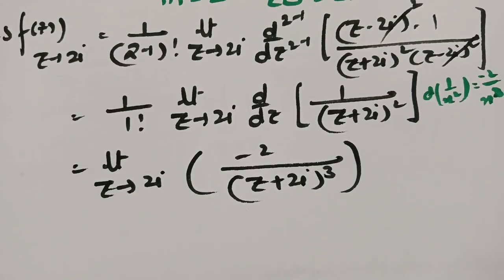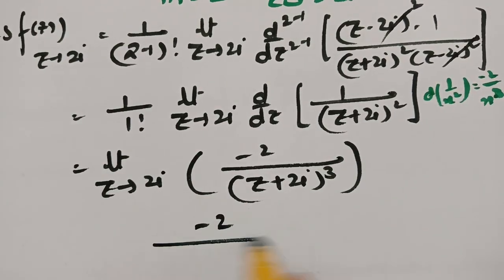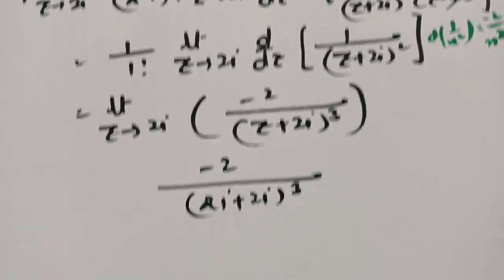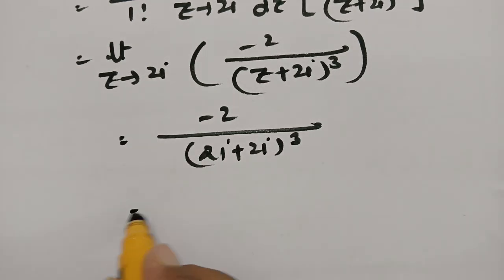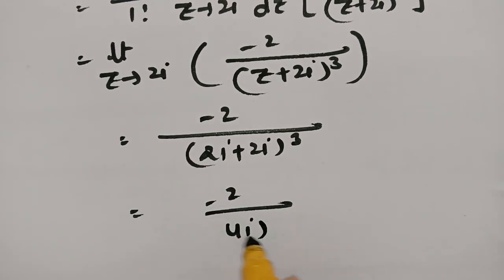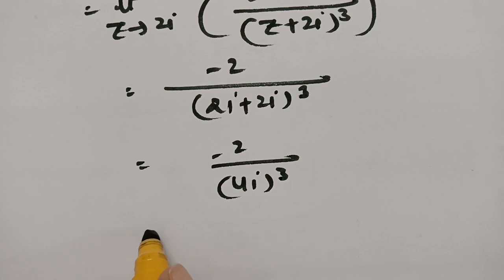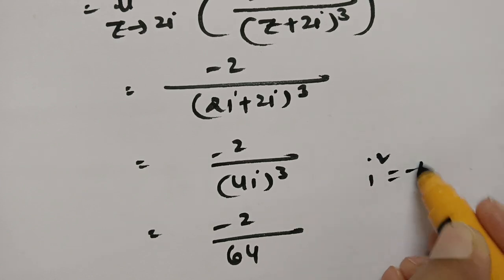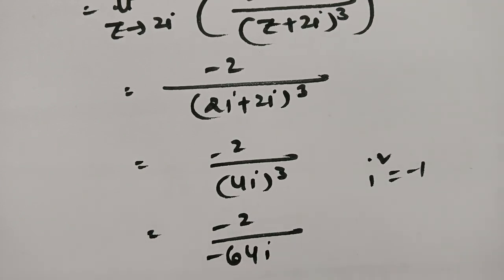In this, if I keep z value as 2i, this is minus 2 by 2i plus 2i whole cube. So the value here will be minus 2 by 4i whole cube. So this value is minus 2 by 64, and i cube for i square. So i square value is minus 1. So this is minus, and i remains.